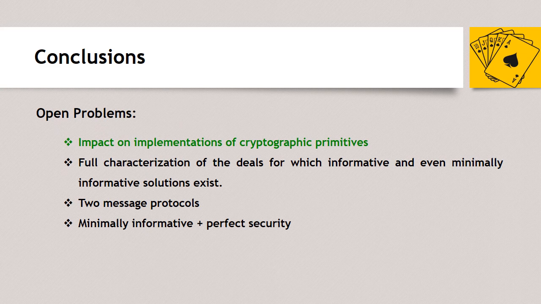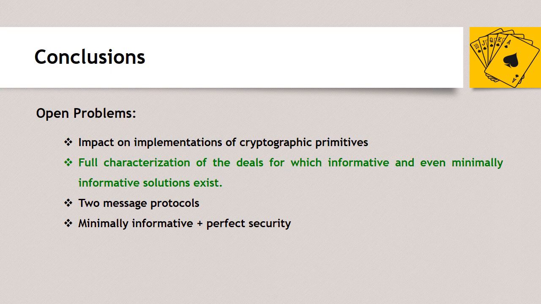Now, regarding open problems, it is well known and easy to see that a solution for the classic Russian cards problem implies a solution to the problem of unconditionally secure secret key exchange. However, there still remains the question of whether the minimal informative variant of the Russian cards problem could also lead to unconditionally secure implementations of some general-purpose cryptographic primitives, and in which scenarios.